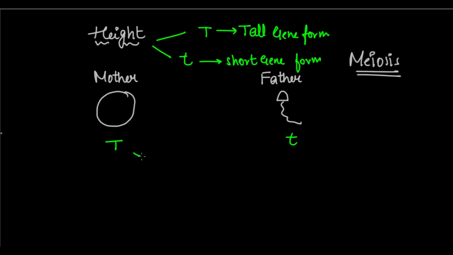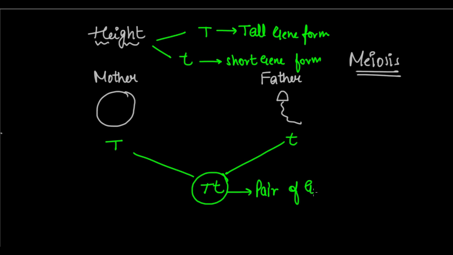When these recombine, they give rise to a zygote which will have a combination of these in terms of its height. This forms a pair of gene forms, and this pair of gene forms constitutes the genotype of the organism, of the progeny. So what is genotype?